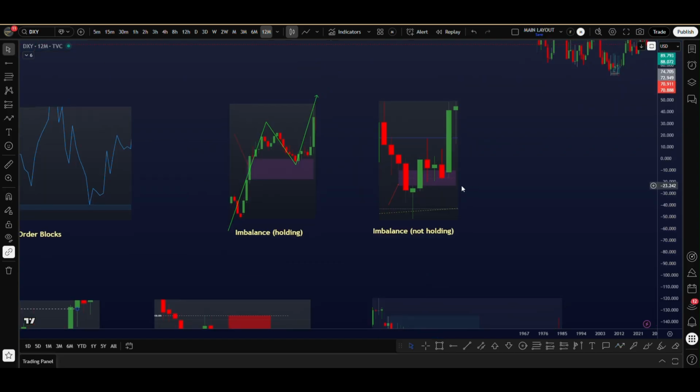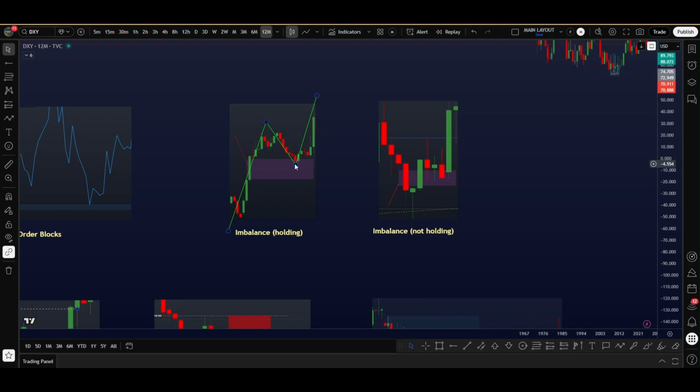So in a bearish trend, when we have imbalance, sellers tend to dominate the buyers, and in an uptrend, when price returns to this zone, buyers tend to dominate.